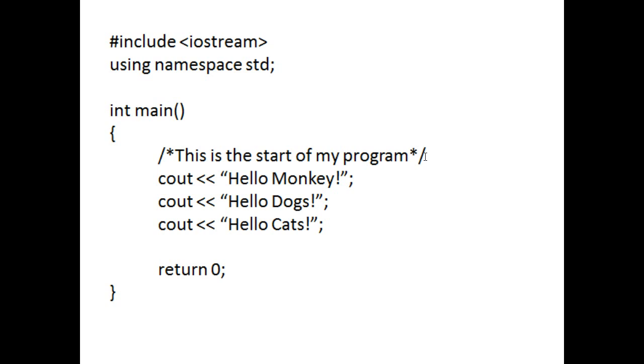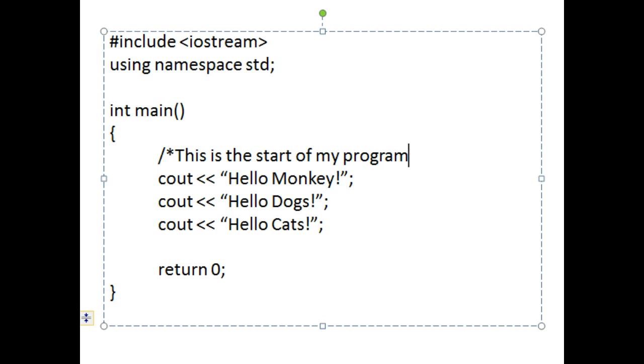So this comments out this exact line. This is called the multi-line comment. Now one of the things about this is if I forget to put the star forward slash at the end, it would actually then comment out the remainder of the program. So that's one to watch out for when you're using this type of comment.